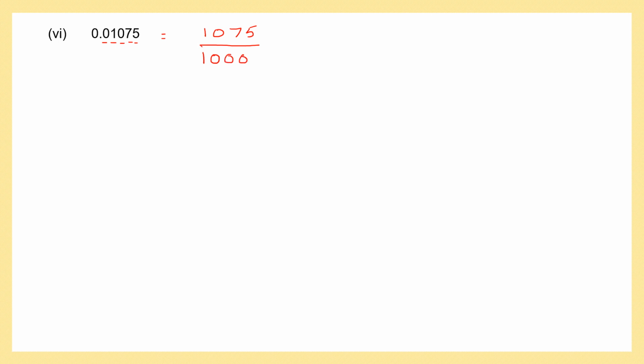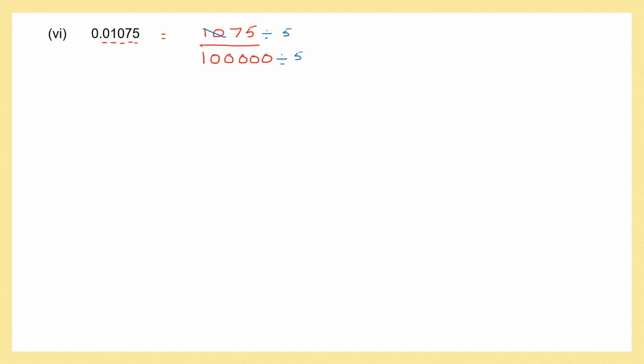Okay, so now let's reduce this to the lowest term. Both are divisible by 5. So let me divide both by 5, the numerator and the denominator.